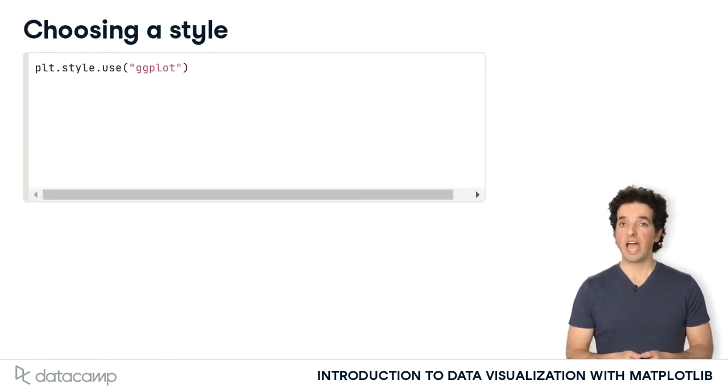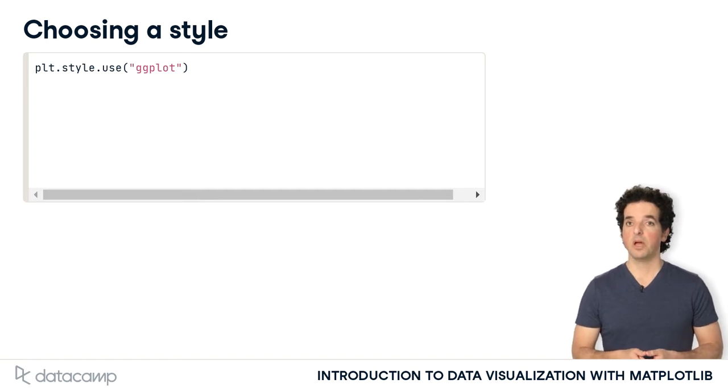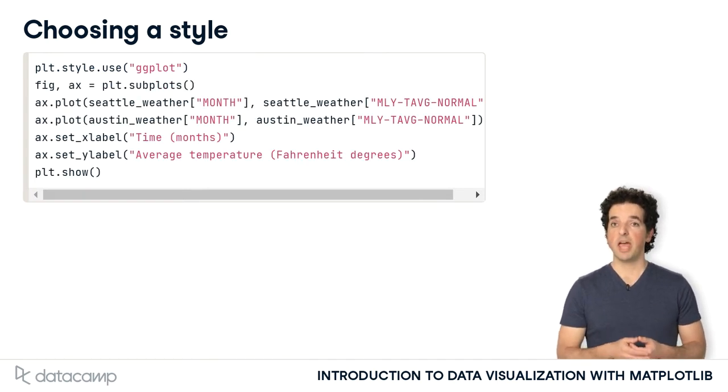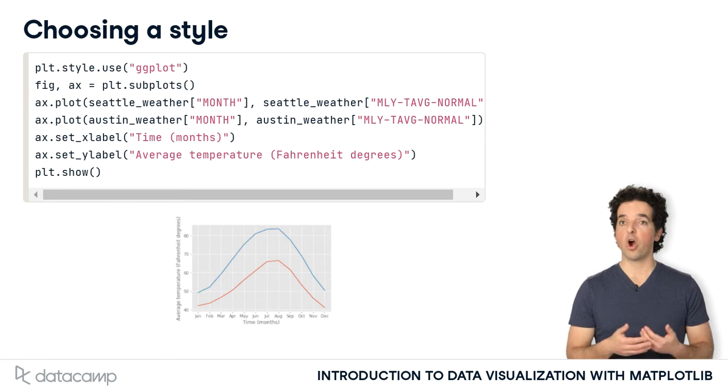If instead we add this line of code before the plotting code, the figure style will look completely different. The style we chose here emulates the style of the R library ggplot. Maybe you know this library, and this looks familiar to you. Or you can learn about ggplot in a DataCamp course devoted to this library.